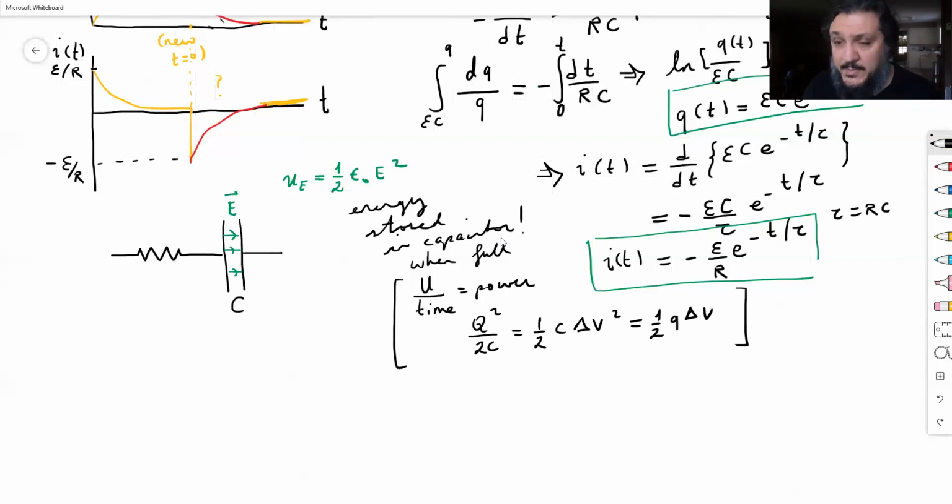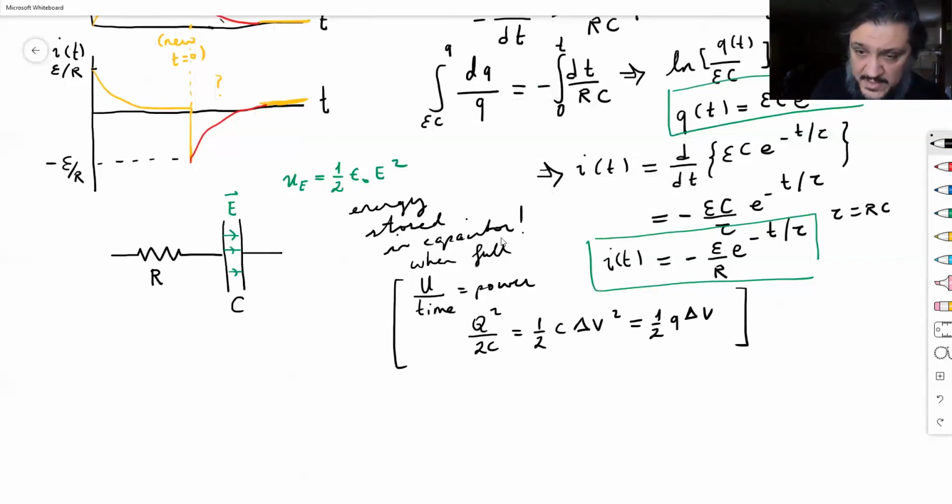What about the resistor? The resistor has something to do with energy only when there is a current through it. If the current is zero, there won't be any energy dissipation on it.